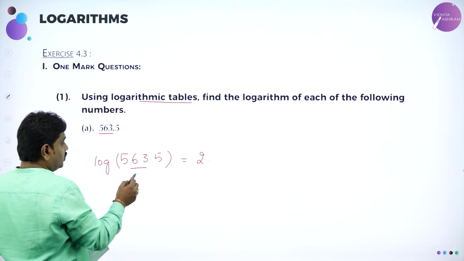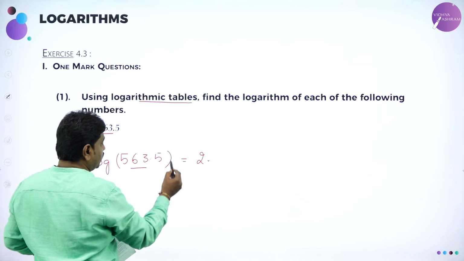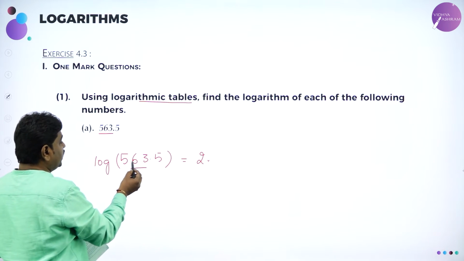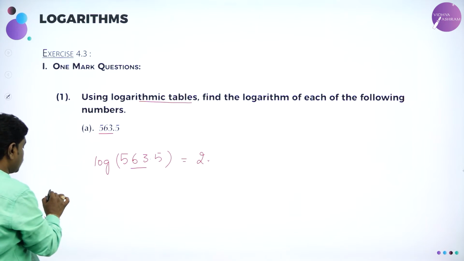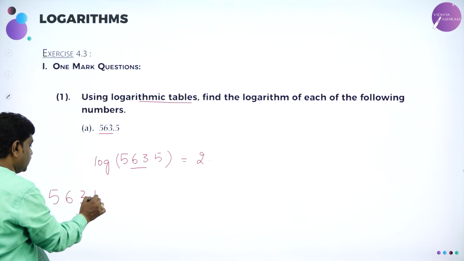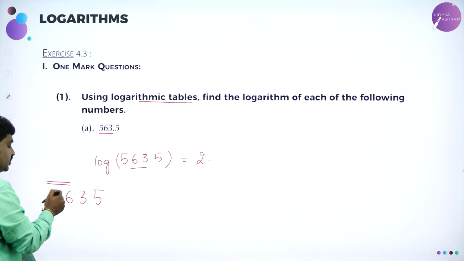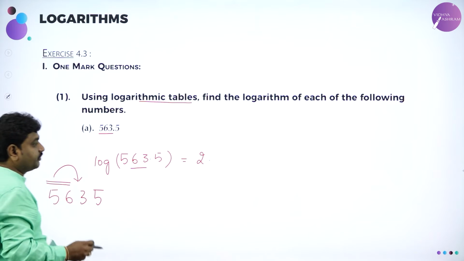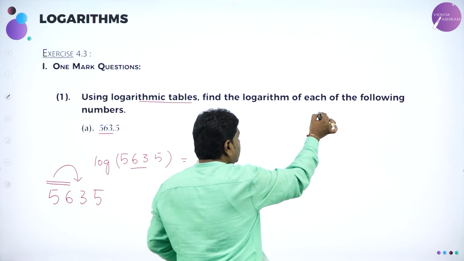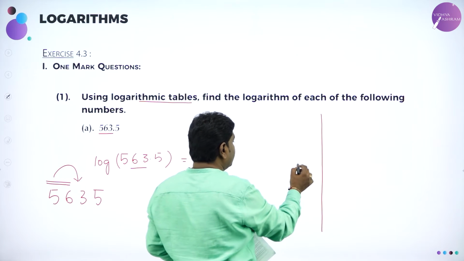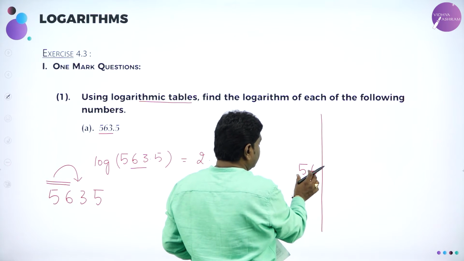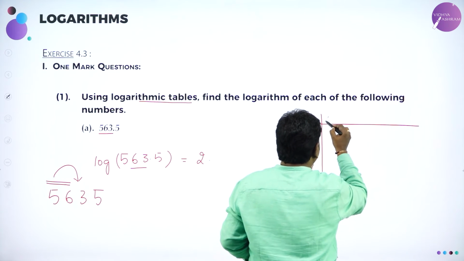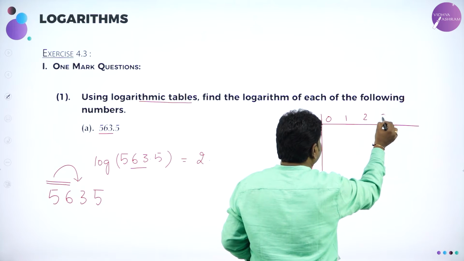After I put 2 point, take 2 digits from the left. So I have 5635. I'll take 2 digits. What are the first 2 digits? 56. I should see the log book, 56 under 3. In the logarithm table, somewhere you will have 56, and this will be 0, 1, 2, 3.